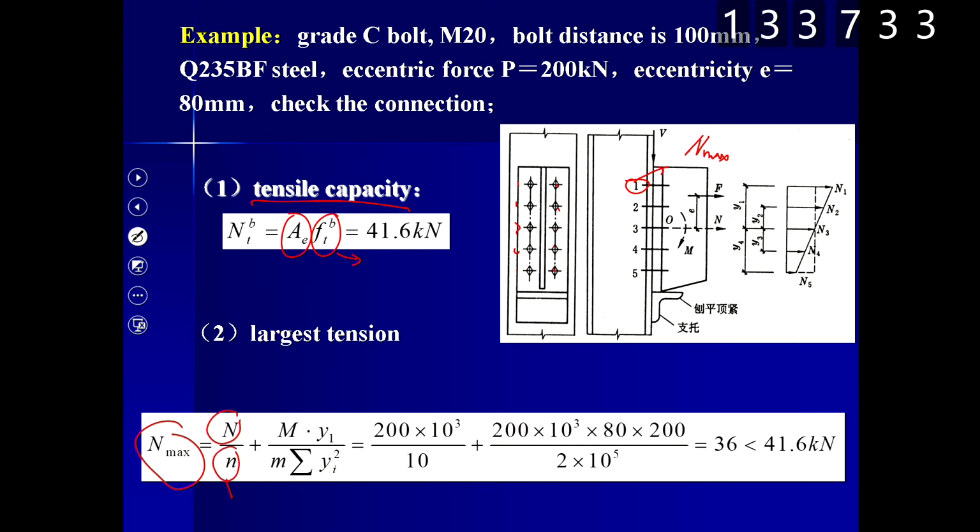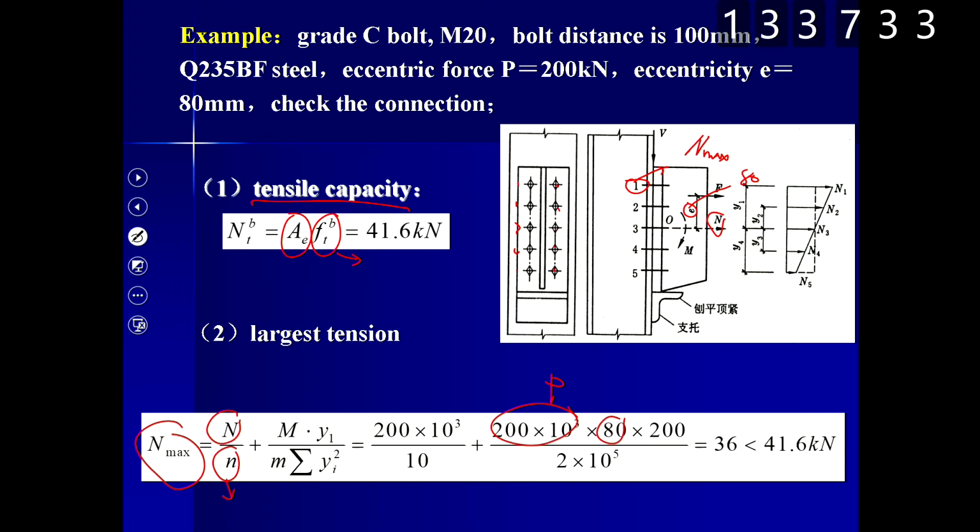We can get a single bolt applied directly, only by this force, right? Okay. And now we can calculate the moment. The 200 is the force P. And the 80. We calculate the moment. Do you memorize that?